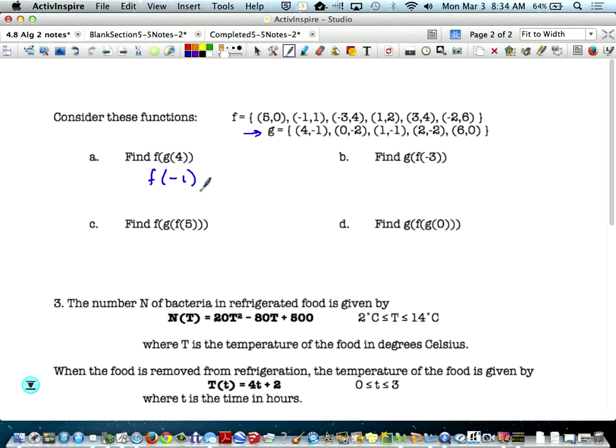Instead of saying g of 4, when I put it in there, I get an output of negative 1. That negative 1 now goes into f, which then is 1, right there. So what's your output? 1. So take the number, put it into the function. Now remember, x is our input, y is our output.